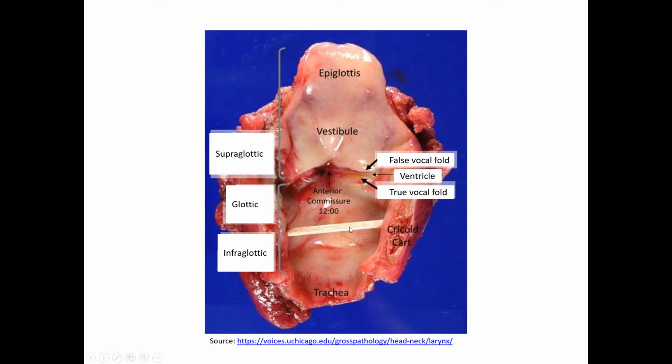So Prashant definitely leading the charge there, letting us know that this is indeed the supraglottic, glottic, and infraglottic region of the larynx.